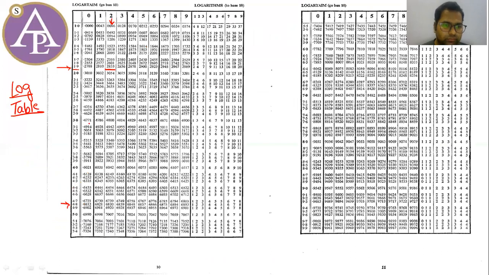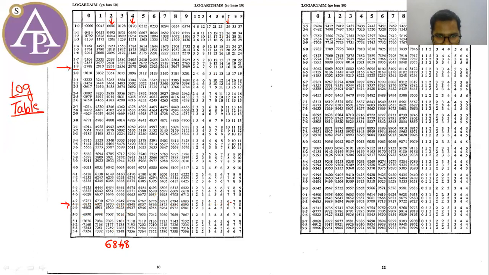Then the fourth row. In the fourth row, your number is 6848, right? So I will take 6848, and then 7.